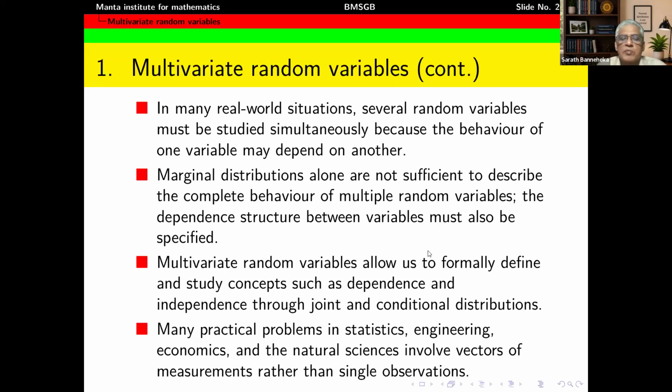But when we study the multivariate random variables, they allow us to formally define and study concepts such as dependence and independence through the joint distributions and conditional distributions. So therefore, multivariate random variables and studies using multivariate random variables is very useful. There are separate multivariate techniques where we use multivariate random variables.